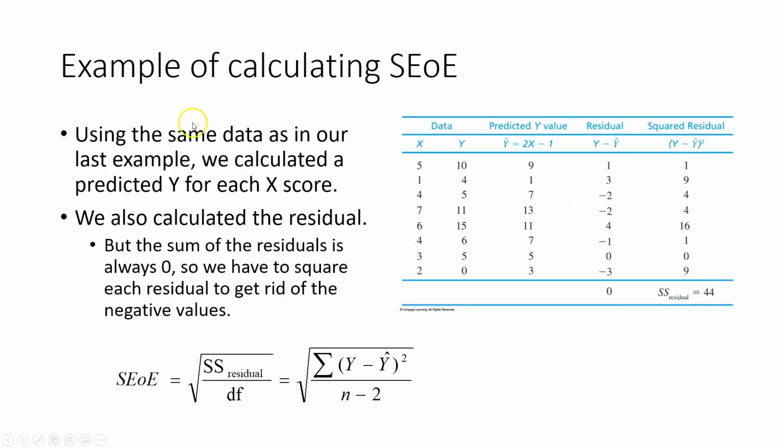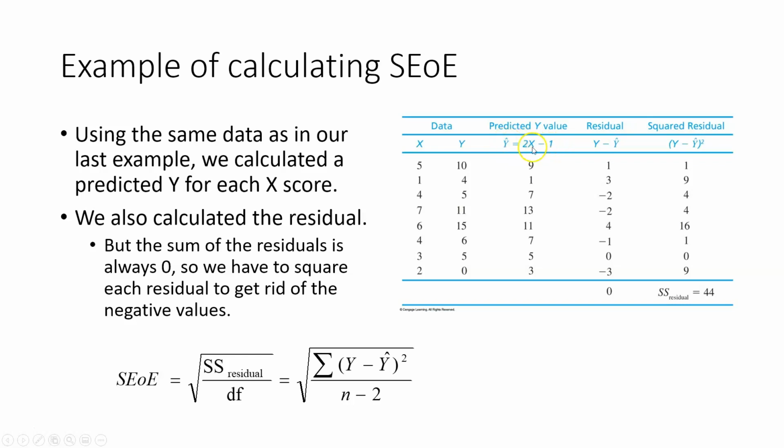All right. Let's walk through an example of calculating the standard error of estimate. Let's use the same data that we did in our last example, where we already calculated the scores for x and y, and we figured out all the sum of squares and sum of products and all of that stuff. Here we need to use our regression equation that we computed, which was y hat equals 2x minus 1.